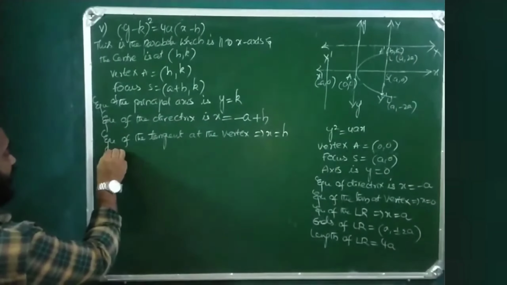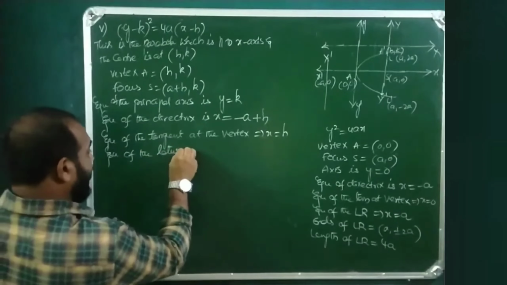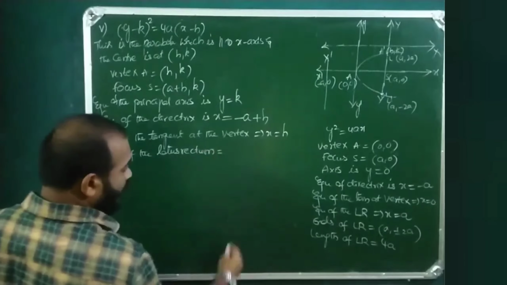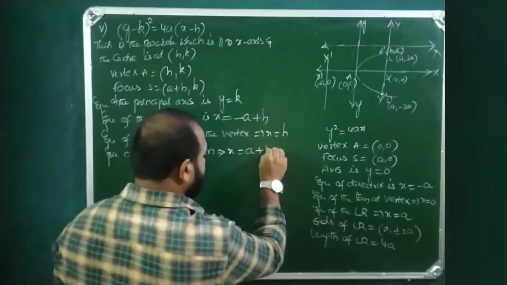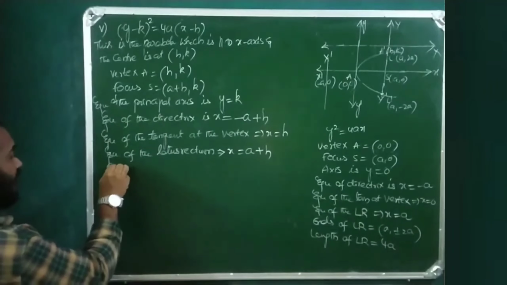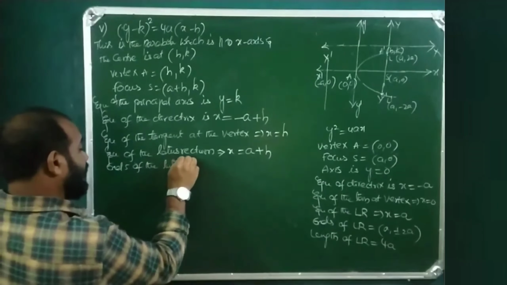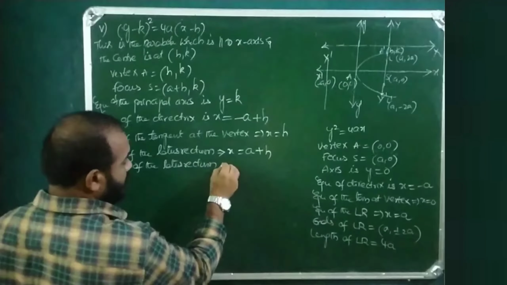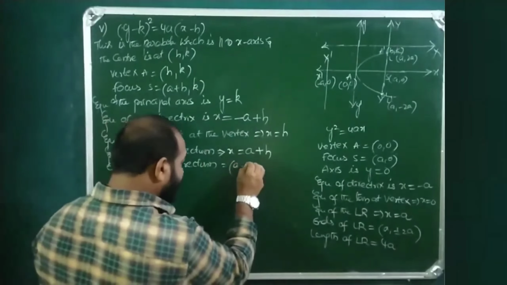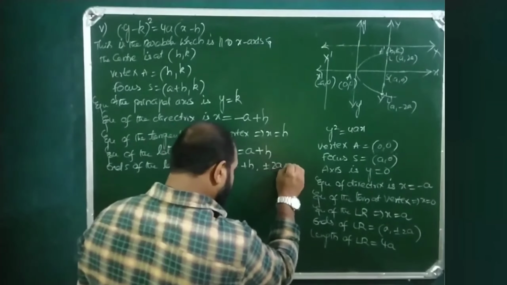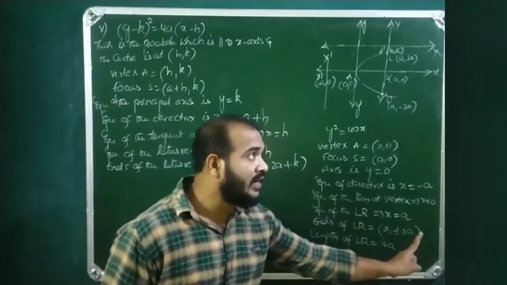So the equation of the latus rectum is x equals a plus h. And the ends of the latus rectum are a comma plus or minus 2a, that is a plus h comma plus or minus 2a plus k, with x coordinate h and y coordinate k.